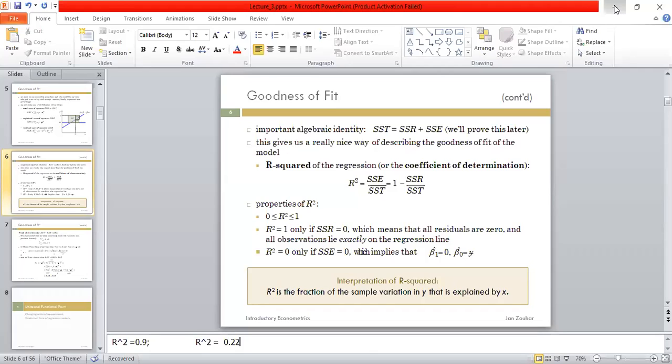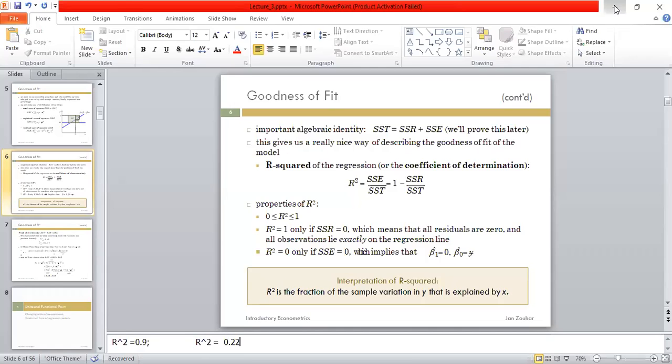Professor? Yes. You explained that R squared equals 0 only if the SSE equals 0, which means that beta 1 hat equals 0 and beta 0 hat equals y bar. I mean the property of R squared, the last one. Can you explain? Yeah, what is your question?